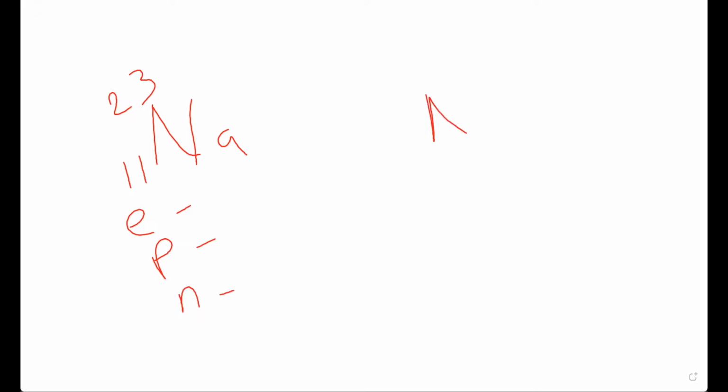As well as here, for Na, what is the charge of sodium? Sodium belongs to the first group, so the charge is +1.